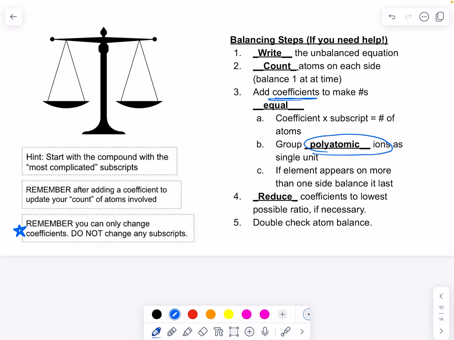And then sometimes you can get carried away, and you might end up with numbers like 4, 2, 4. If you notice that, reduce it down to 2, 1, 2, okay? Because a balanced equation should be the lowest possible ratio. And then really, in a sense, you can check your answer because it should be balanced, right? If there's 2 Na's on the left side of the arrow, well, then you should have 2 Na's on the right side of the arrow, okay?